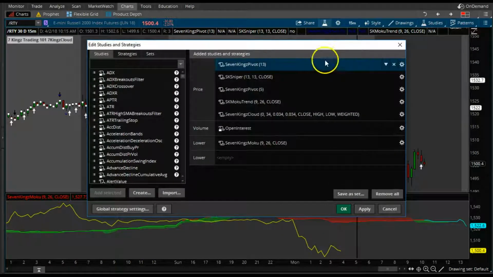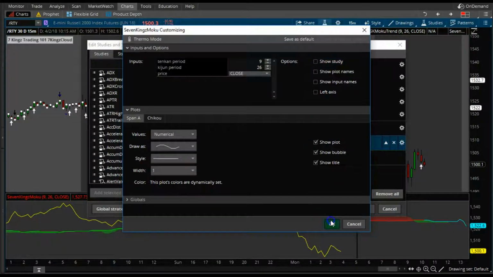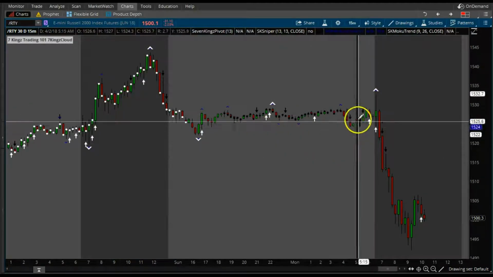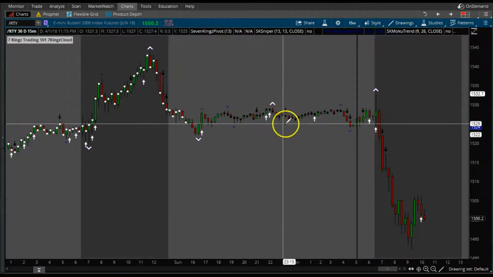So that being said, we're going to take this off the screen real quick so that we're just looking at our price and our Seven Kings Cloud system up here.